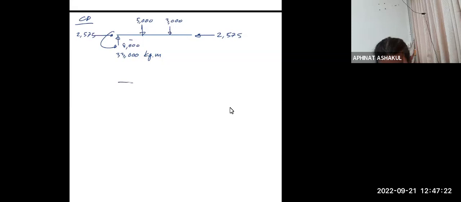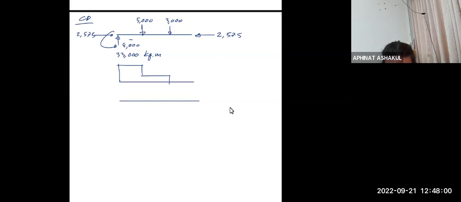Okay, so the shear force diagram, simple enough. It's 8,000 coming down 5, so that's 3,000 and then 0. And the bending moment diagram, we start from that's the moment, and it is like that.